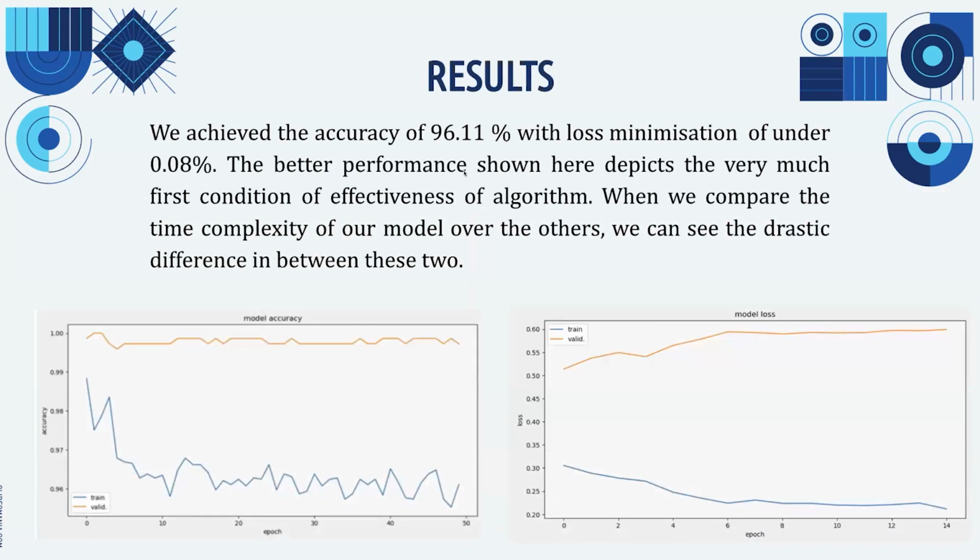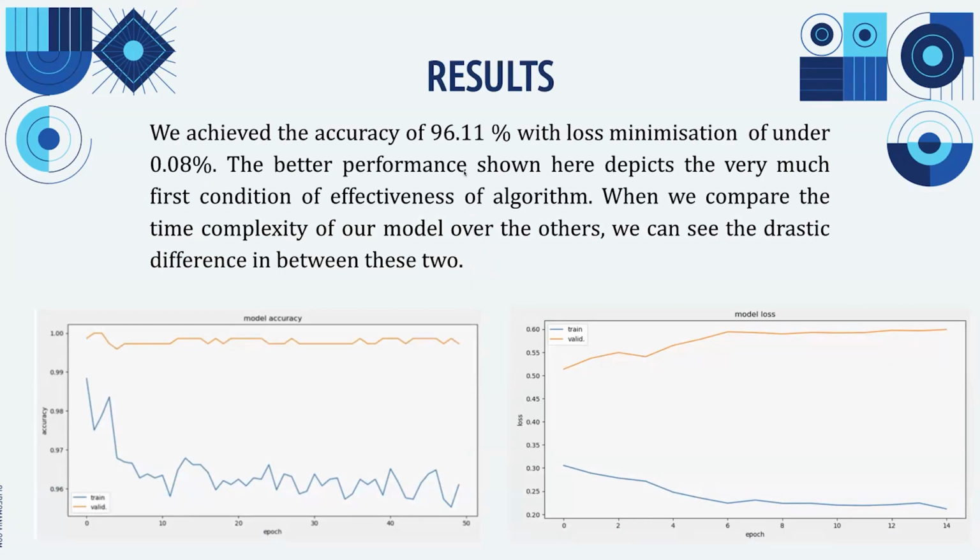Now we'll come to the results and discussions part of our research. We achieved an accuracy of 96.11% with a loss minimization of under 0.08%, which can be seen in the images shown below. The better performance shown here depicts the effectiveness of the algorithm, which is EfficientNet B5.